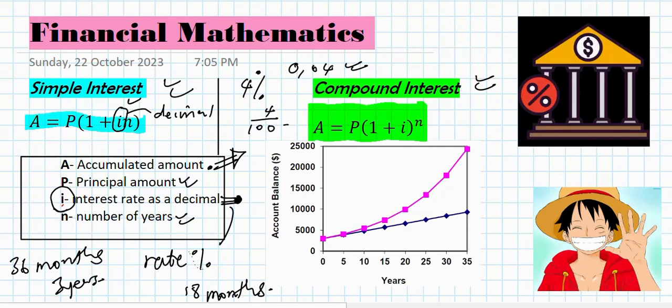We are expecting you to think that this is actually N in years, right? One year is 12 months, and then plus another 6 months, which is half a year. So we're talking about 1.5 years when we say 18 months. You should think about that very clearly.